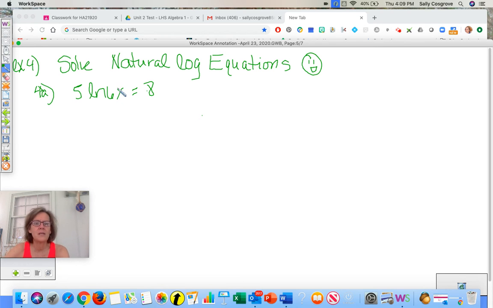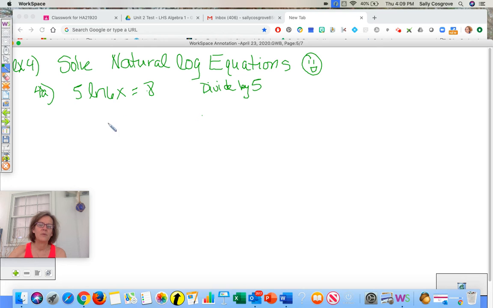Instead of using the power rule here, what I want you to see is that this 5 out front is being multiplied. So besides the power rule, which again, x to the 5th, that's not going to help us, what else could we do to get rid of this 5 if it's being multiplied? Right, we could divide both sides by 5, and that's what we're going to do.